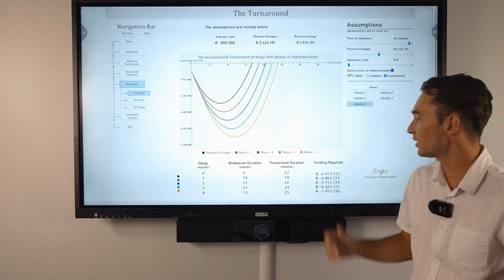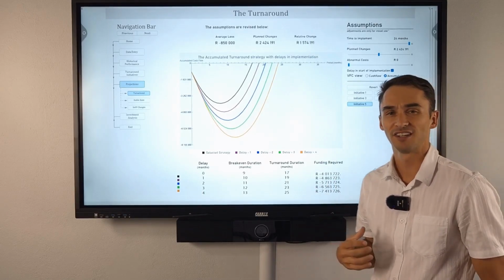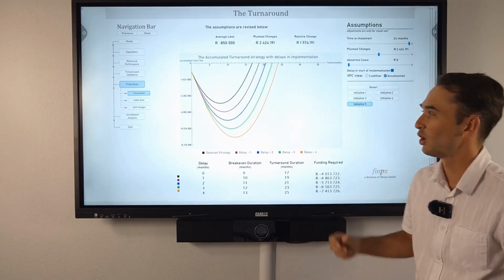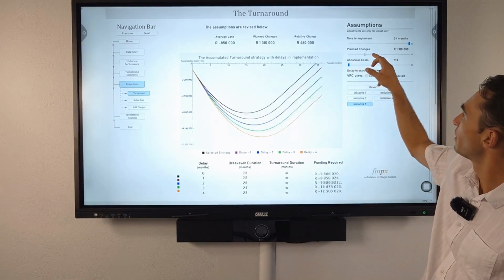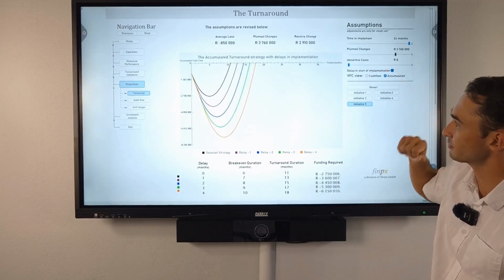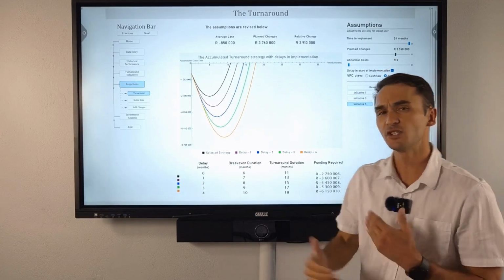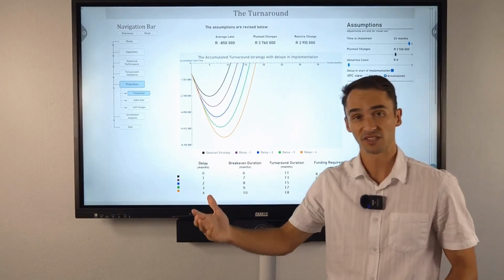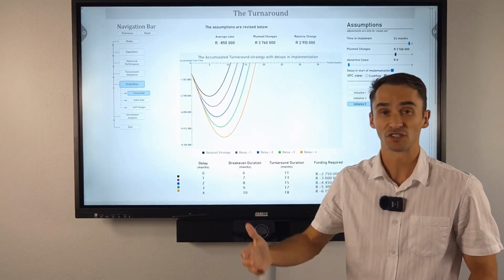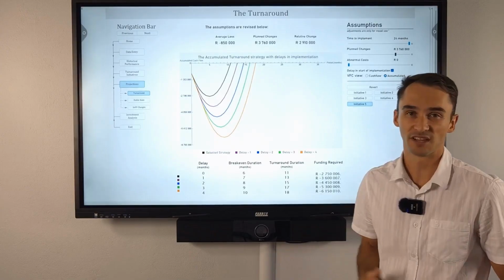And if the turnaround is too high or the funding is going to be too much, we can quickly manipulate the plan changes to reach their goals. Creating an iterative decision model whereby the user can now go back to the assumption sheets and cut costs further or improve sales.